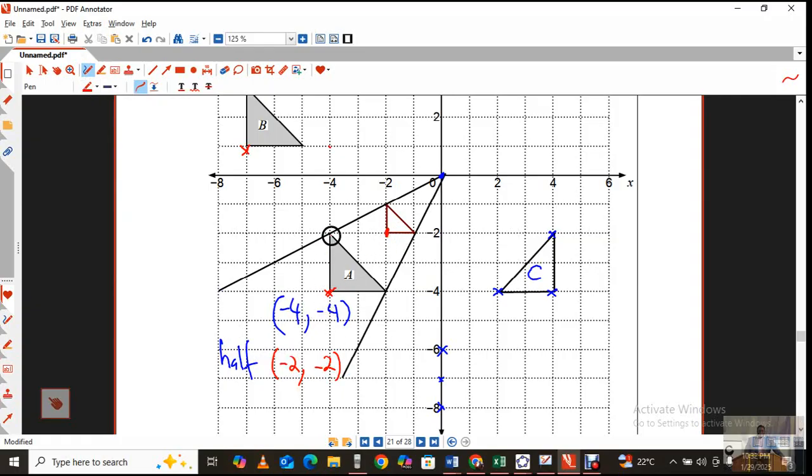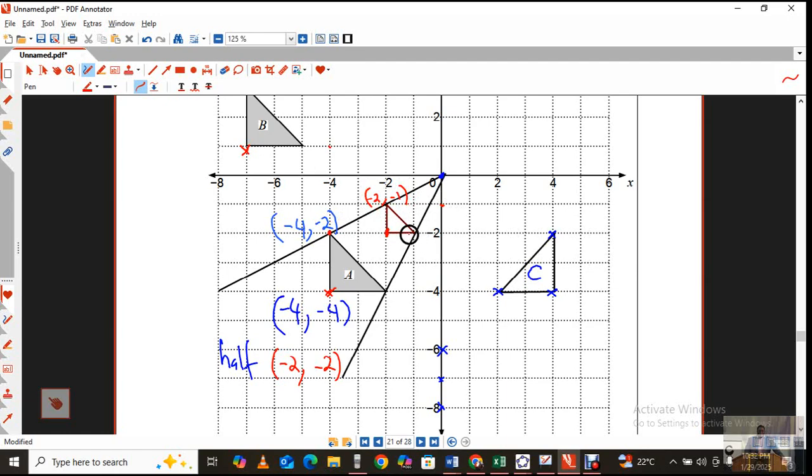Another one. This particular point is -4, comma -2. What is half of that? Half will be -2, comma -1. And I'll leave this one for you to find.